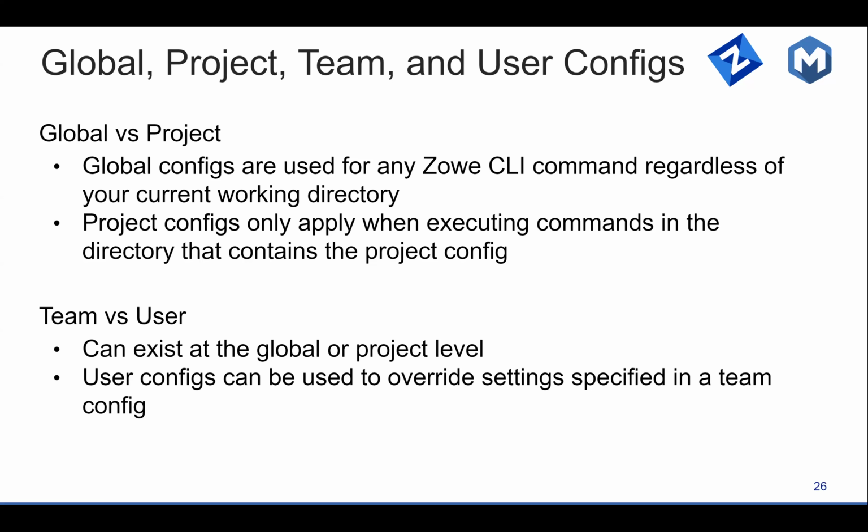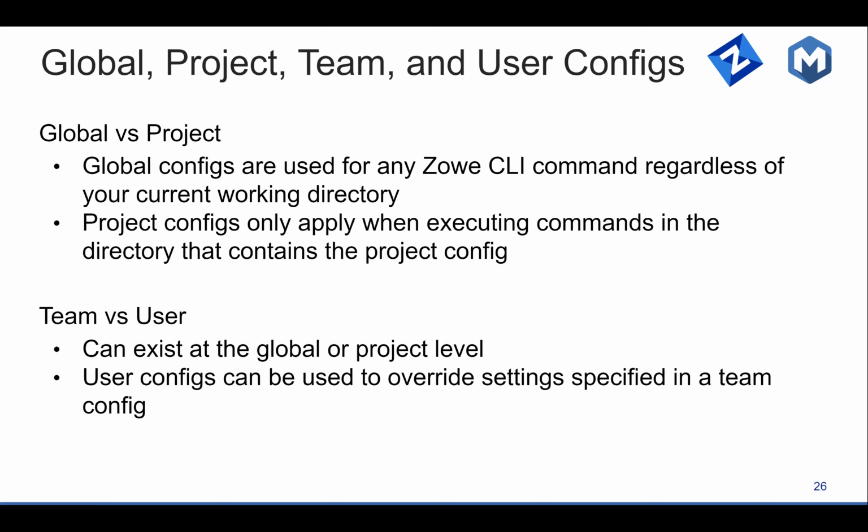And again, team versus user. Effectively, the difference between a team config file and a user config file, when we're talking about v2 Zowe client configuration, is that a team config is named zowe.config.json and a user config is named zowe.config.user.json.